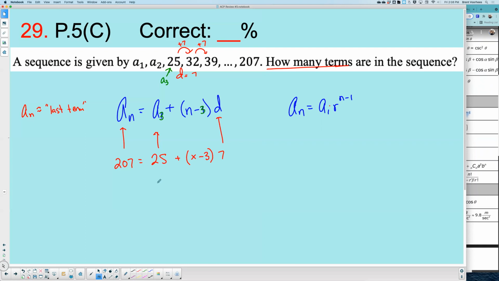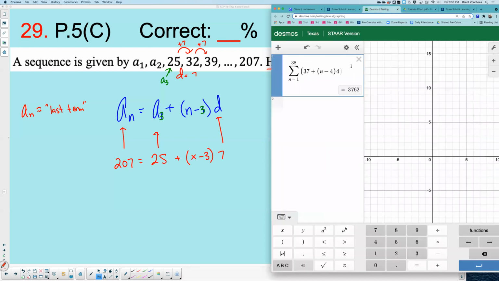We could do the algebra, but I know a lot of students want to make sure they know how to use the calculator. On the Desmos Star, if you type it in just like that, it will not give you the answer. A regular Desmos calculator would give you a vertical line indicating where the answer is, but the Desmos Star version, which is what I believe the ACP will be given in, will not.